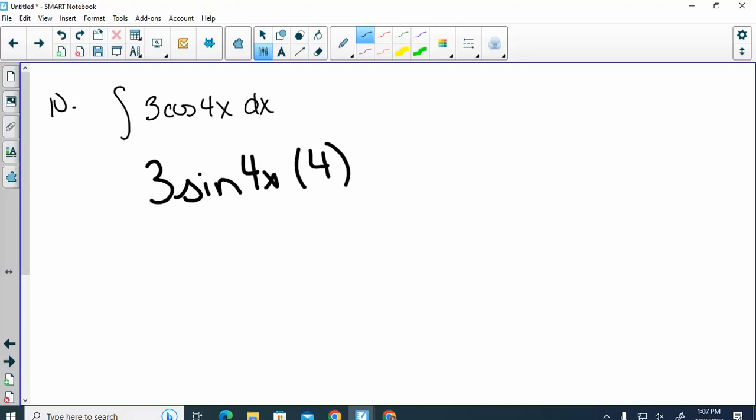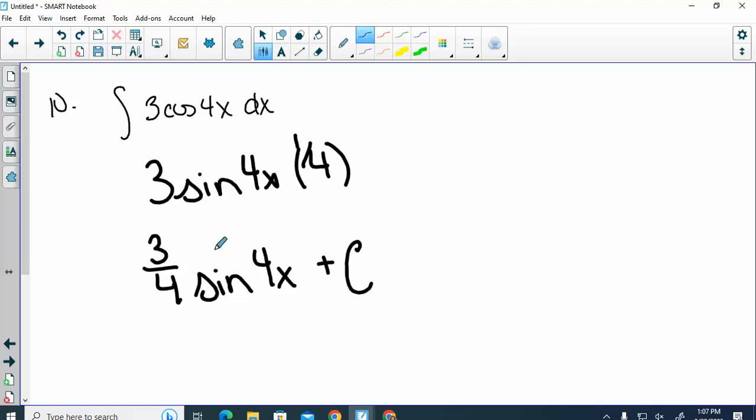Because if you think about the chain rule, you'd have to multiply by 4, but we want to cancel that. And what else do we need on the end? Plus c. Yeah, the dx goes with the integral symbol, and when it goes away, if we don't have numbers to plug in, we put the plus c. That's it.